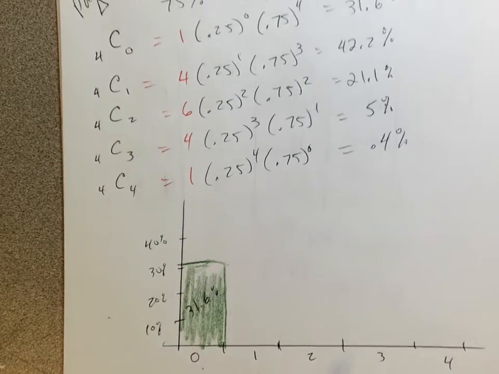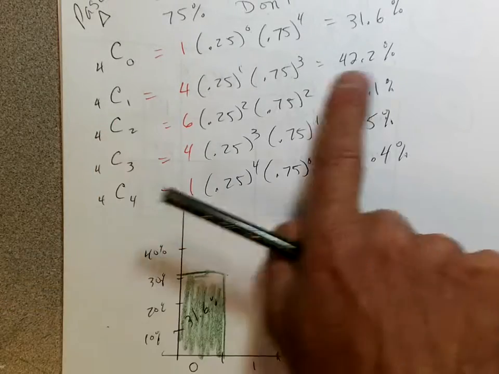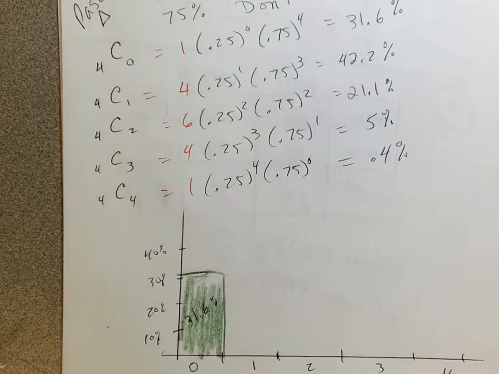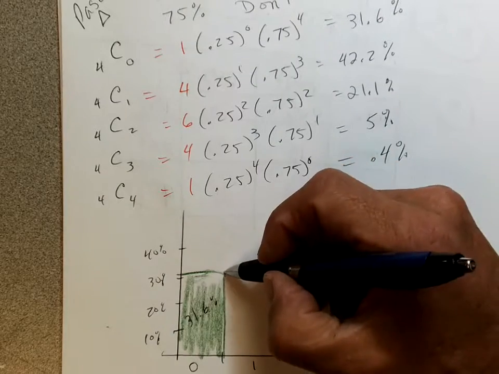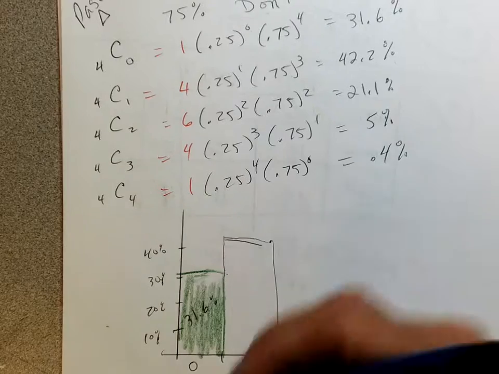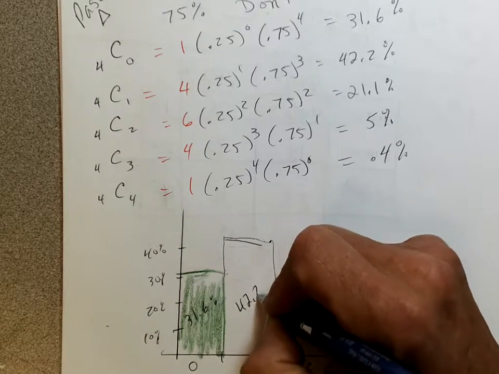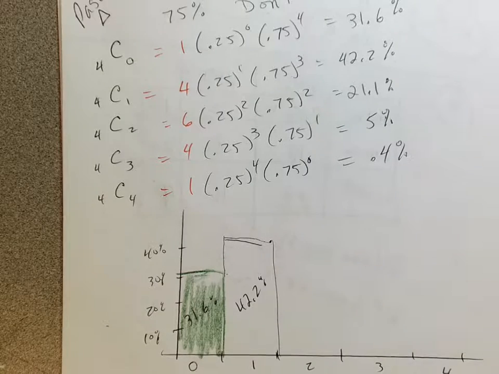And then one kid that has an ASB, about 42.2%. So I'm going to go up to 42.2, up to about there for one kid. That's my 42.2%. Color that in. How about a different color?